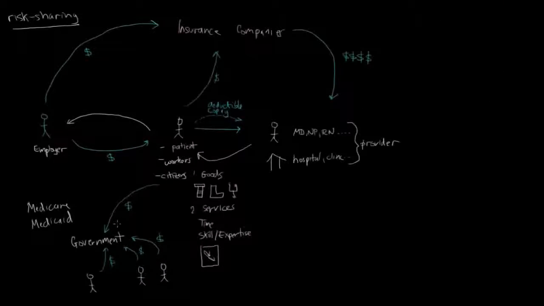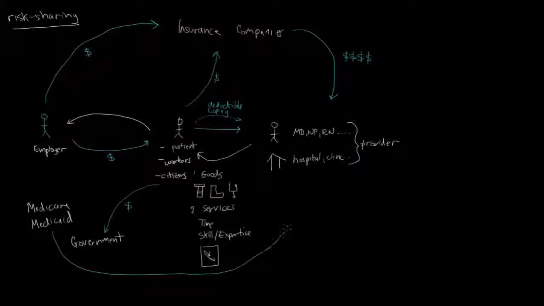I'm just going to erase some things here so that, again, we can keep our board a little bit clean and say, well, how does Medicare and Medicaid work? Well, they will directly pay for goods and services for a certain group of citizens.